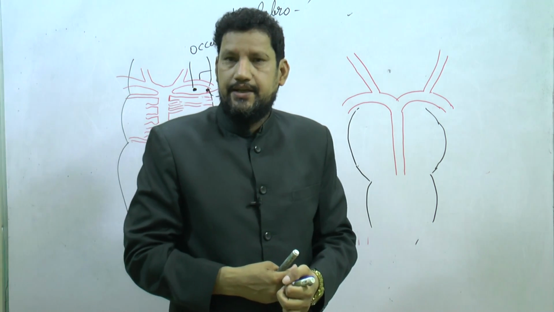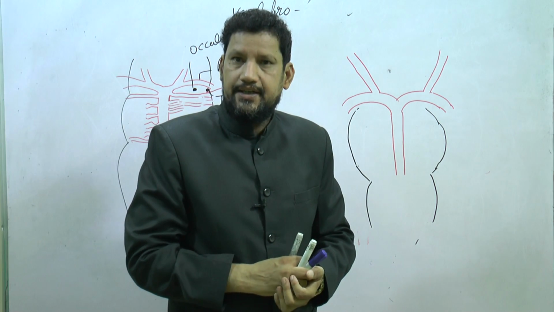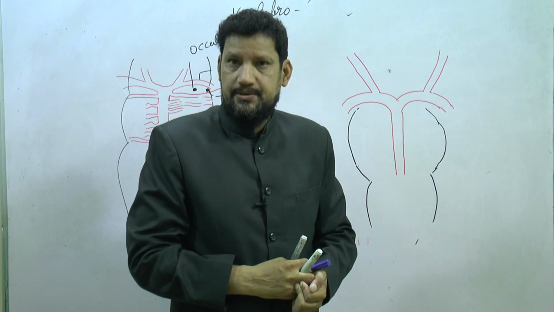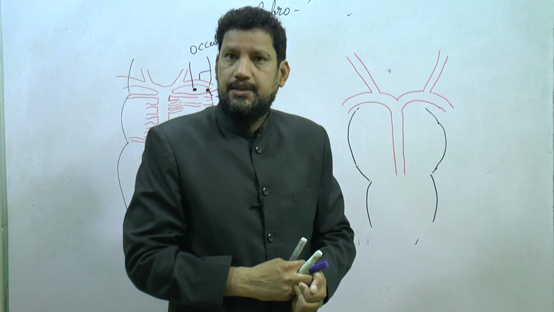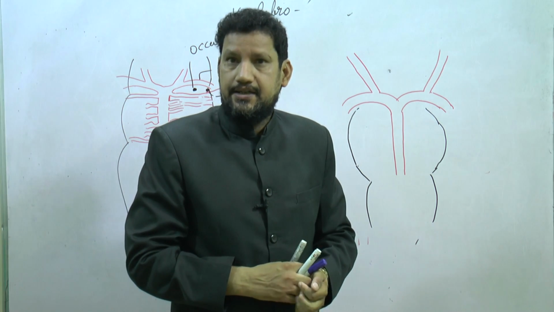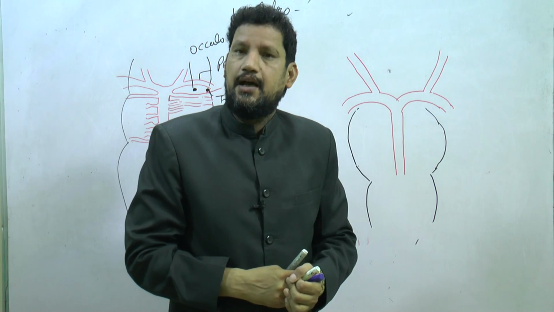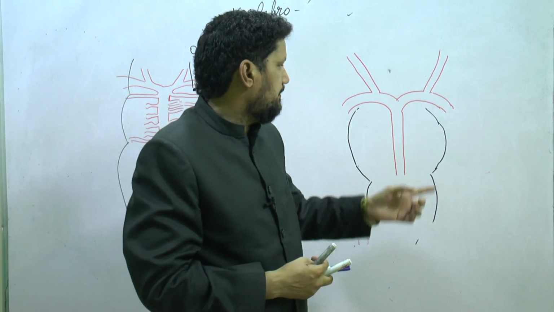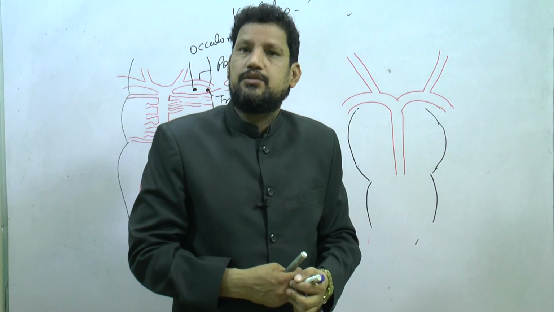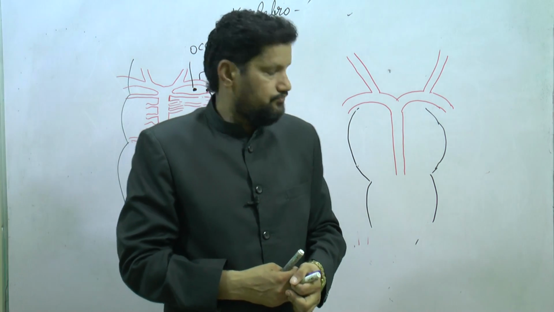In the tentorial area, the artery is dividing into temporal branches and occipital branches, but the artery, in the same way as we have seen the anterior cerebral artery and middle cerebral artery, is giving some central branches and also cortical branches.